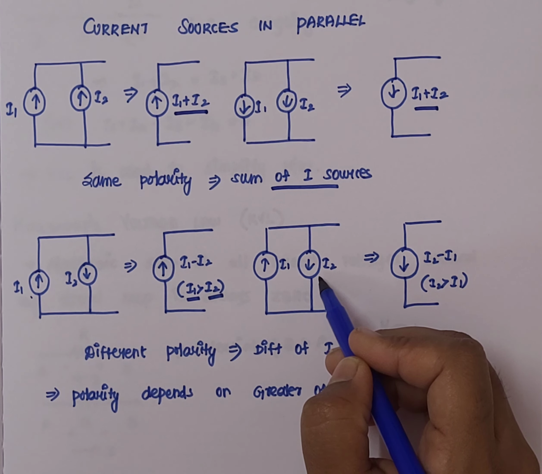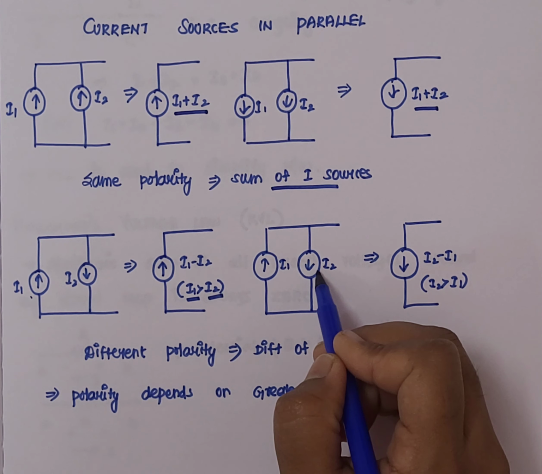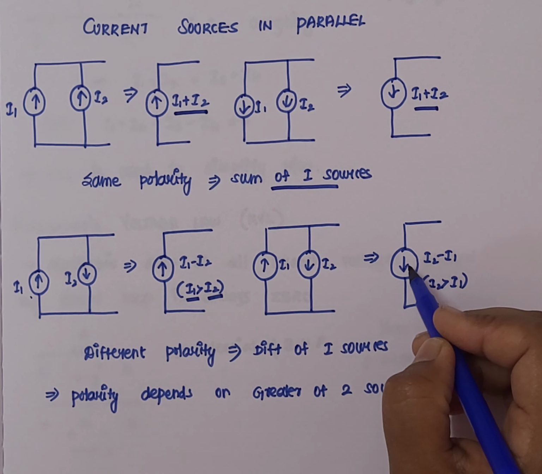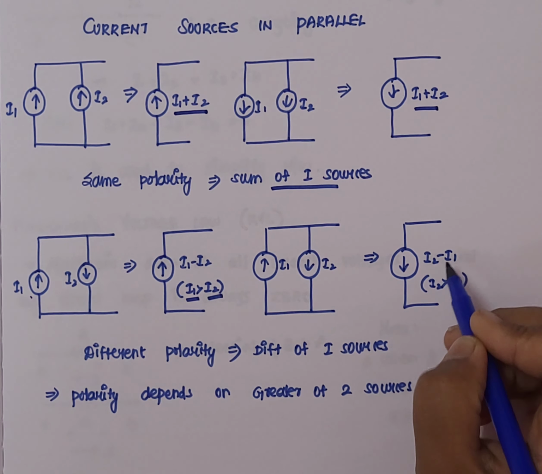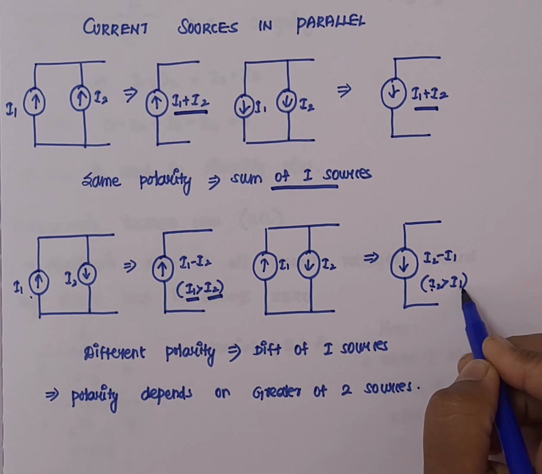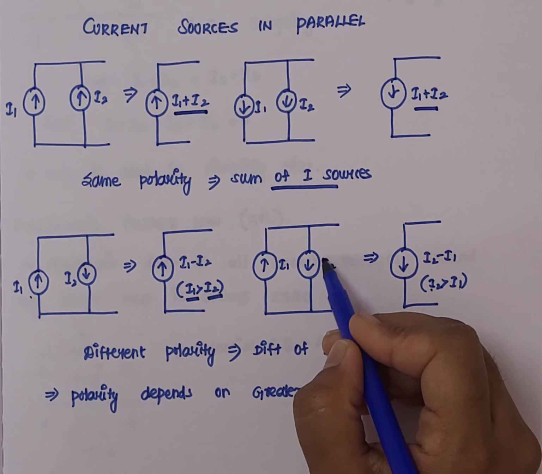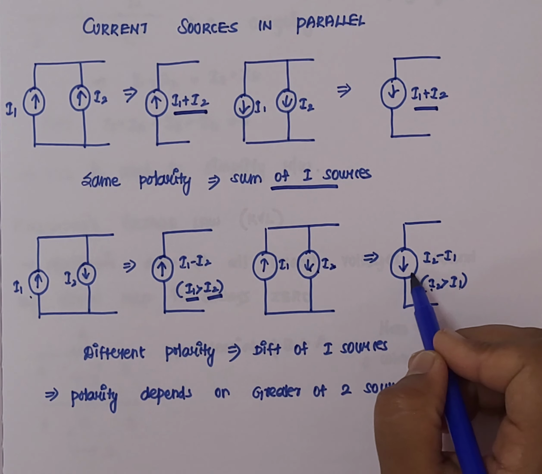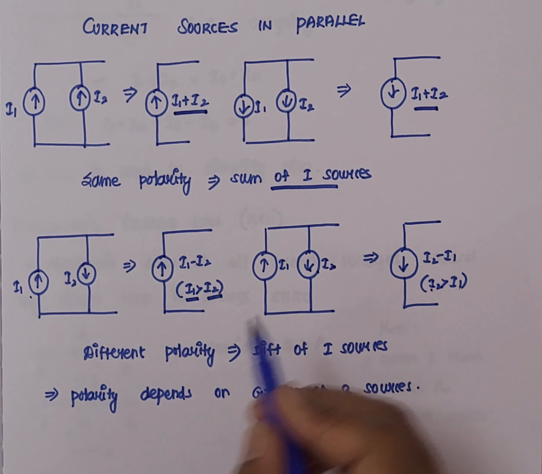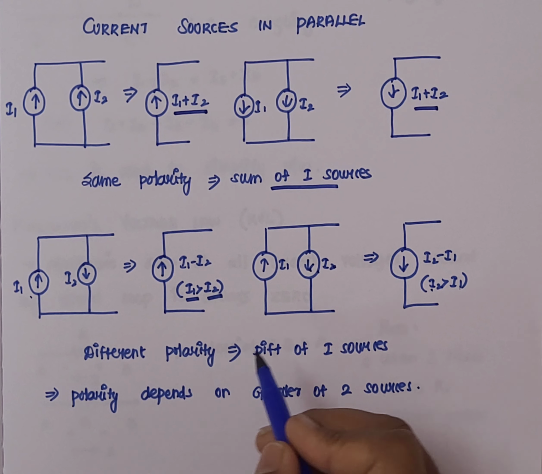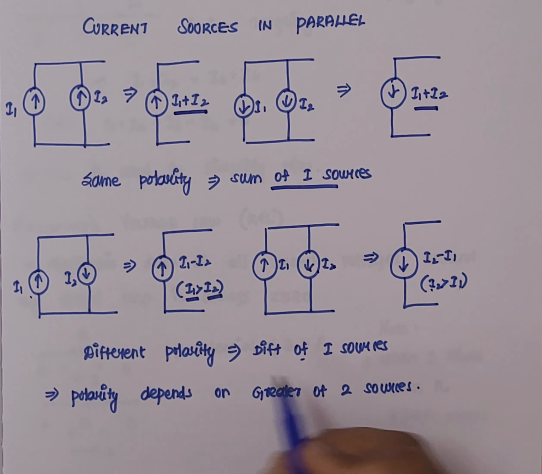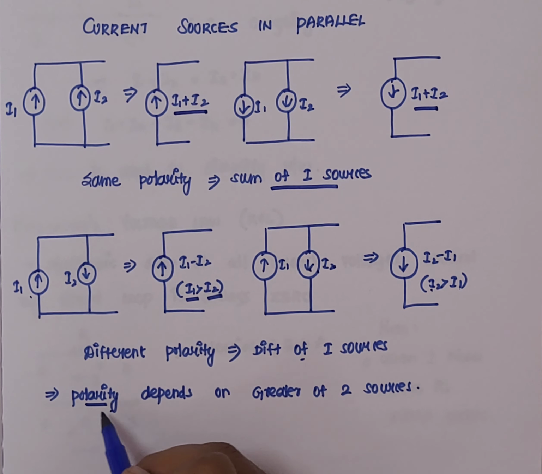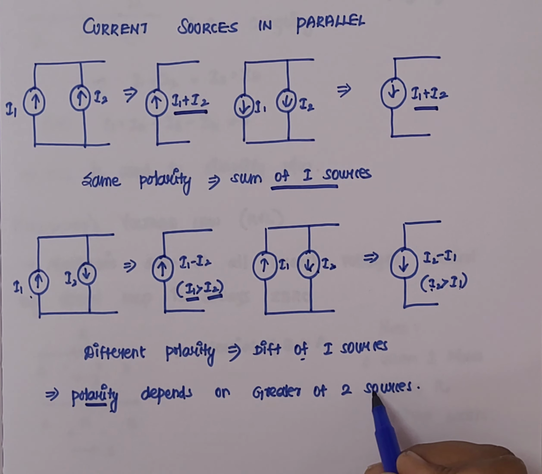And in the opposite way, if I1 and I2 are in different directions, again the value will be equal to I2 minus I1 when the I2 value is greater than I1. So in this condition, the direction of I2 will be taken for the equivalent circuit. So whenever we have different polarity, the value will be the difference of two current sources. Again, the polarity or the direction will depend on the value of the two sources, whichever is greater.